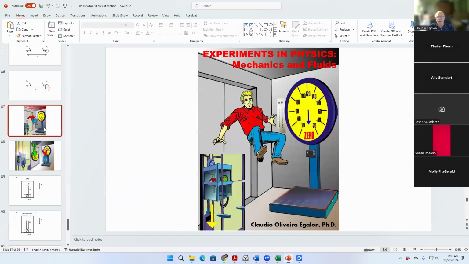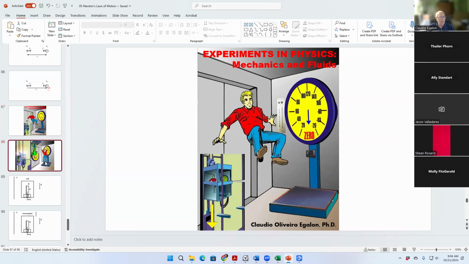Here's an elevator ride. This guy is inside an elevator. He put a scale in there in the elevator. And the elevator is accelerating downwards at 10 meters per second squared. If you manage to get your elevator accelerated at 10 meters per second squared downwards, you're going to feel weightless there, like an astronaut, just for a few seconds until the elevator hits the lower floor, right?